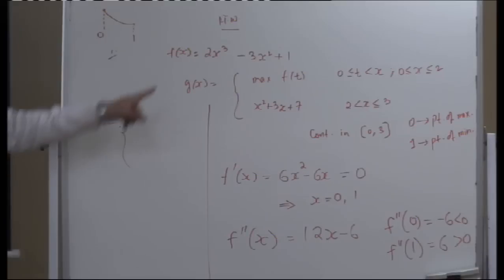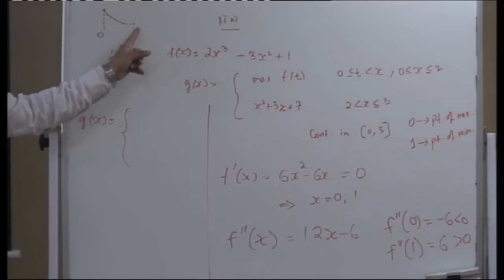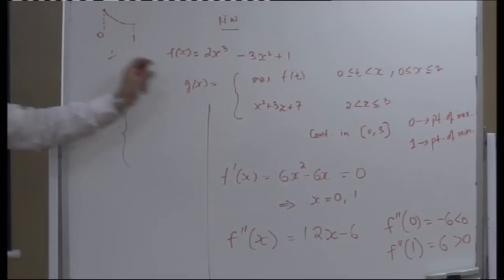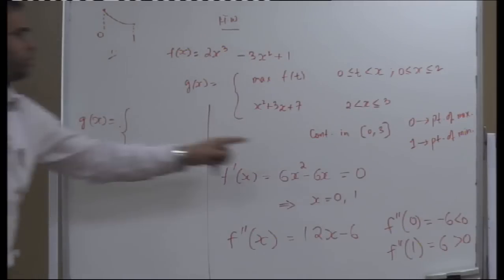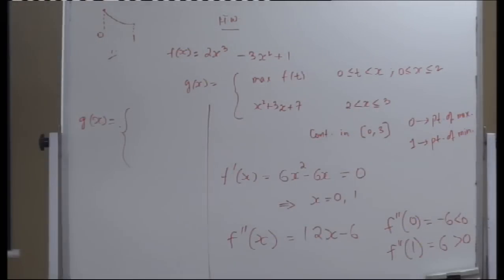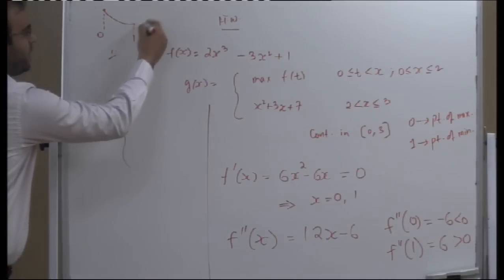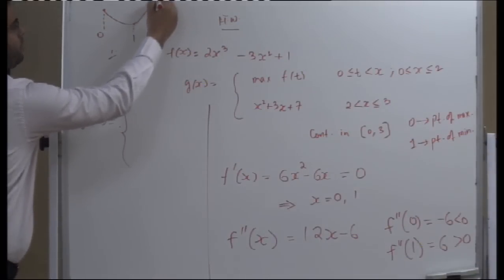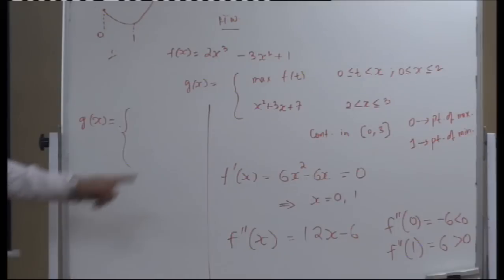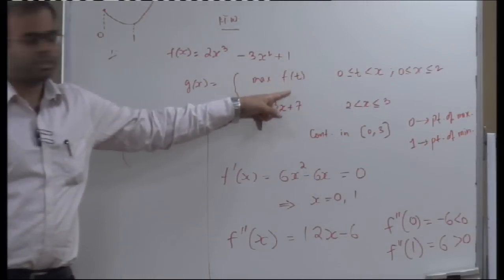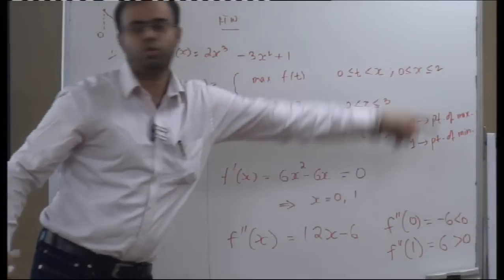So this function f(x) is maxima at 0, then minima at 1. We are not going to the left part because our interval is 0 to 3. And after 1, obviously it would increase, because this is a minima point, like this. So the range in which we have to consider the maximum of f(t) is x between 0 and 2.